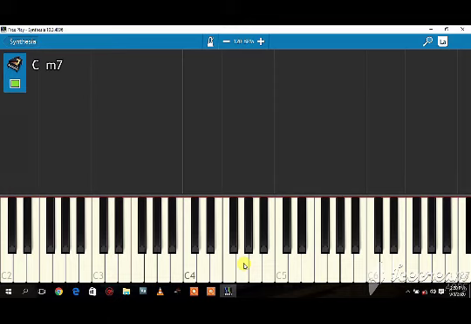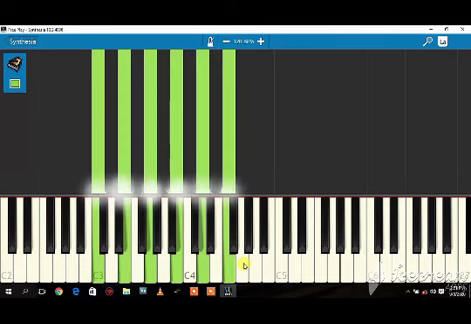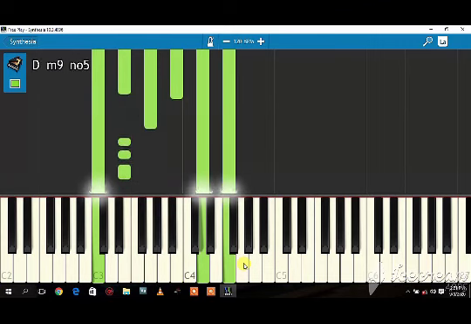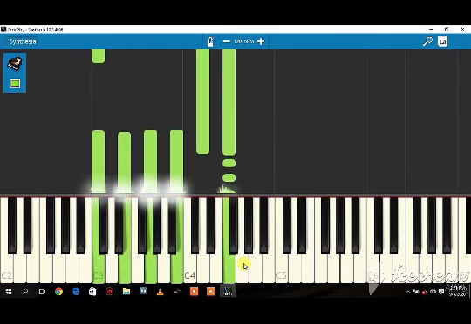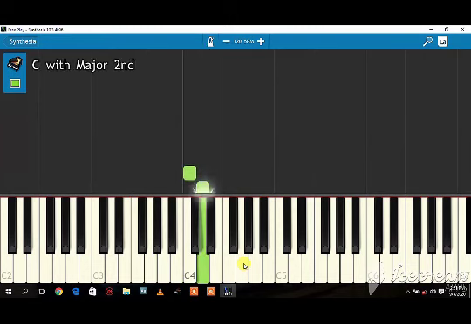Now, you can remove the third in a chord if it is clashing with another note. For example, look at this. Your third is here, and this is your 11th. Your 11th is still the same as your fourth.